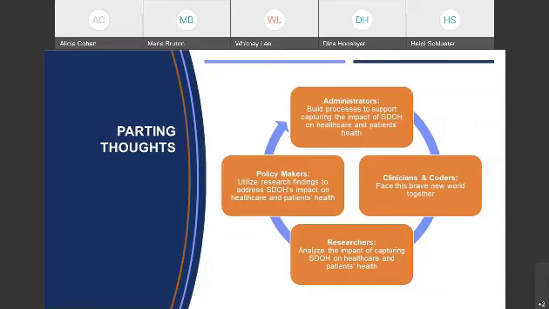Researchers will need to analyze the impact of capturing social determinants of health on healthcare and patients' health, utilizing this new ICD code ruling, and policymakers will need to utilize research findings to address social determinants of health's impact on healthcare and patients' health.